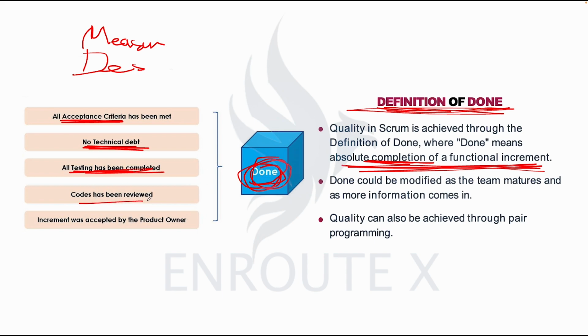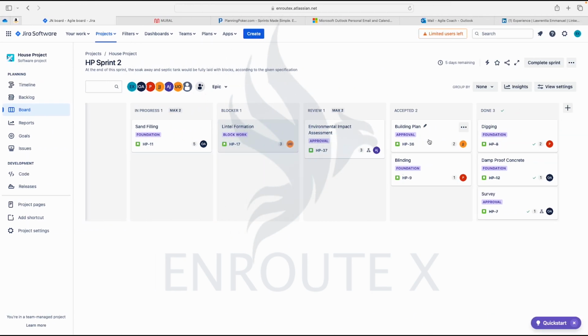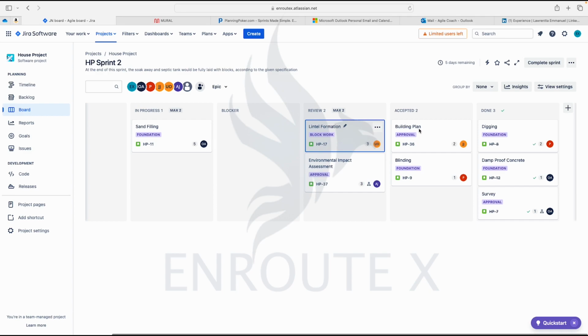Code had been reviewed. This has to do with software development. Then the increment was accepted by the product owner. What do we mean by the increment was accepted by the product owner? Development by the developer stops here. Then the tester checks it and is certain that it had been done, and moves it here.